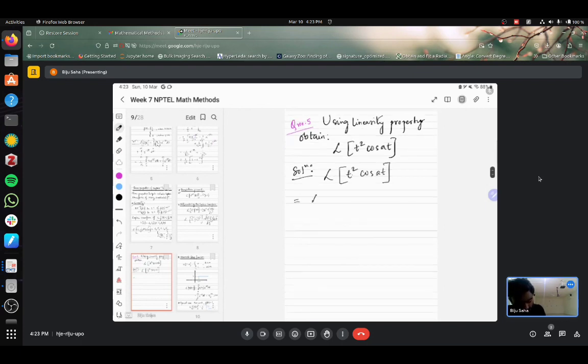Basically, cos at, if you write it in complex Euler notation, will be given by this.